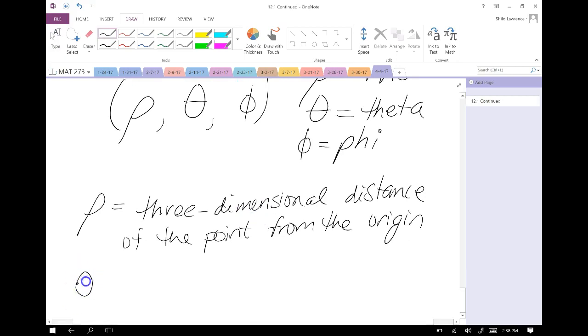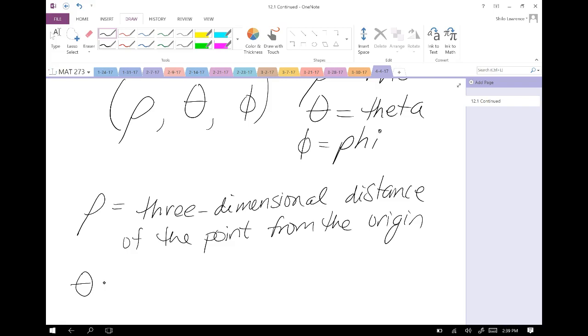The theta is the exact same theta we had in polar and cylindrical. Theta measures the angle around the xy plane, okay? And if anybody is familiar with latitude and longitude, you gotta think about it for a second. What measures east and west? Longitude. So the theta is similar to longitude.